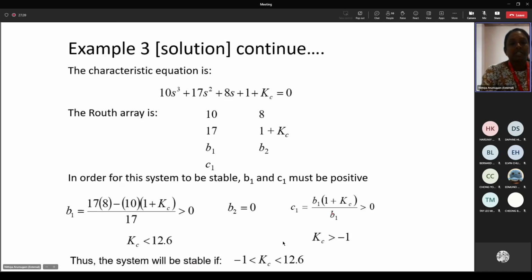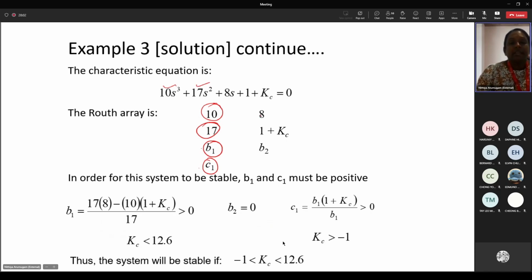So how do we construct a Routh array? From the basic equation, we list down all the coefficients on the left-hand side. For B1 and C1, we leave them as they are. For the first two, 10 and 17, we take them from here.